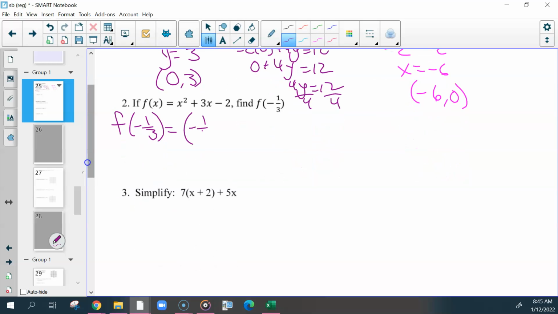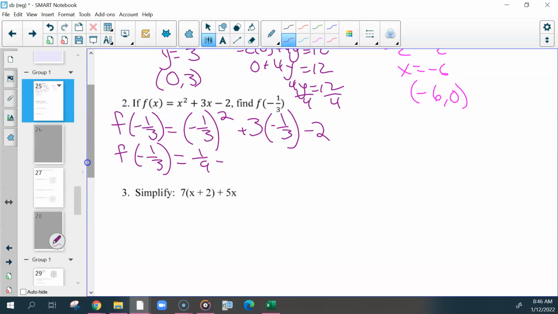So this would be negative 1/3 squared plus 3 times negative 1/3 minus 2. Negative 1/3 squared would be 1/9. 3 times negative 1/3 would be negative 1. And then the negative 2 would get brought down.